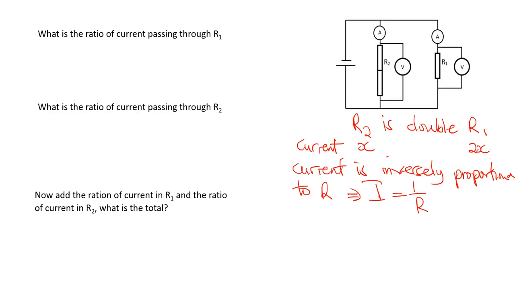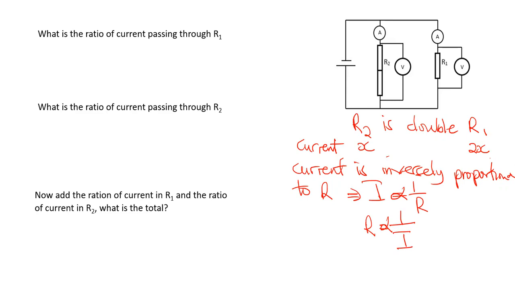Or you can say resistor is proportional, not equal, to 1 over I. The bigger the resistor, the smaller the current.